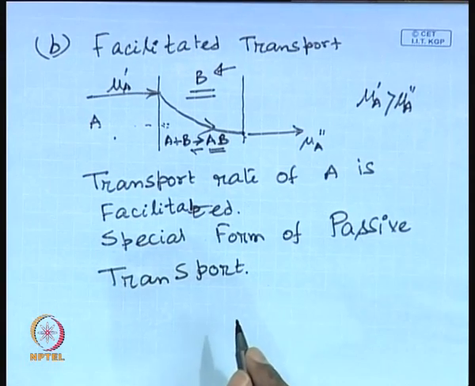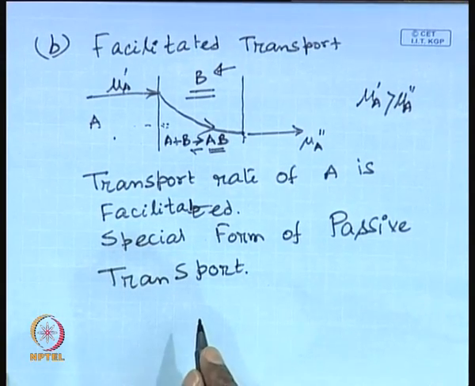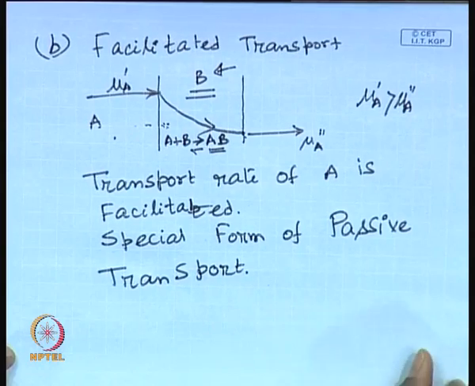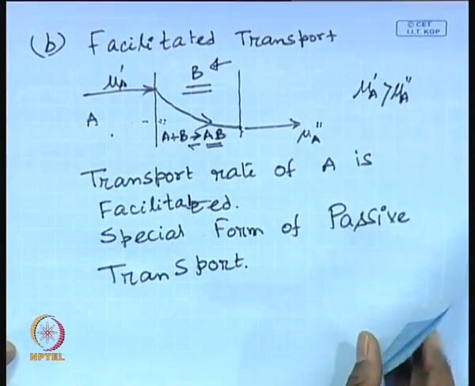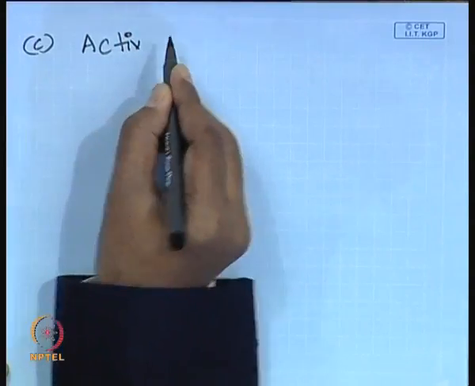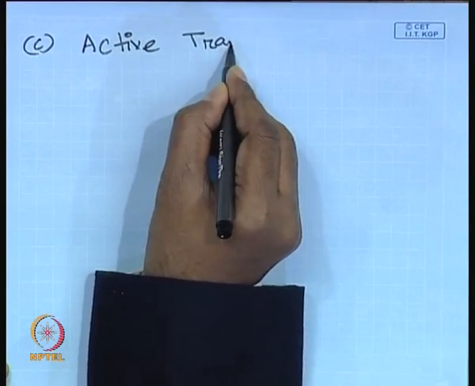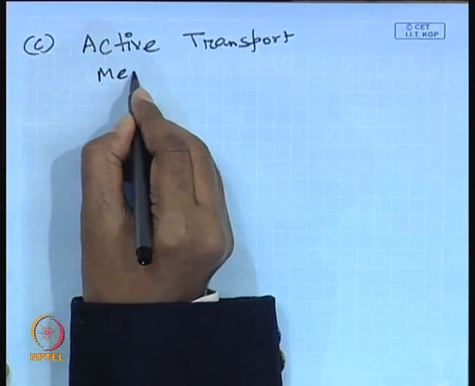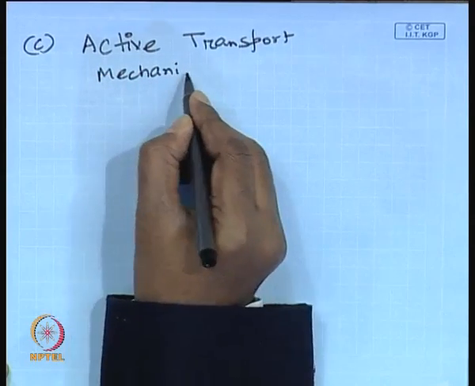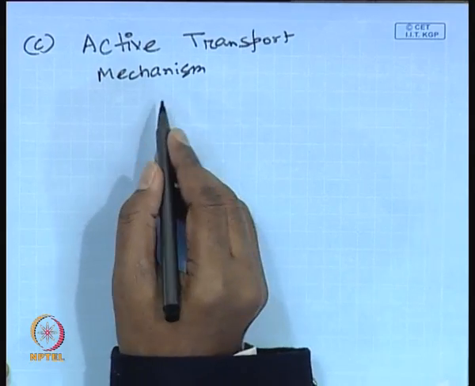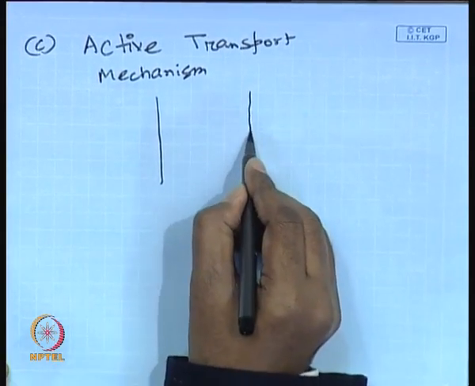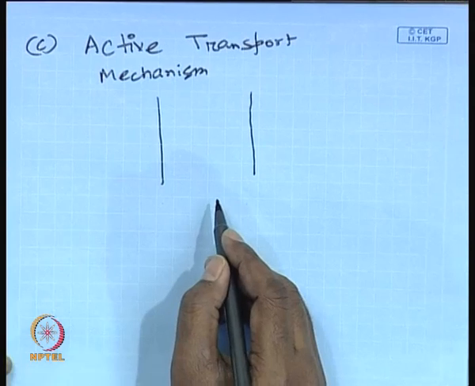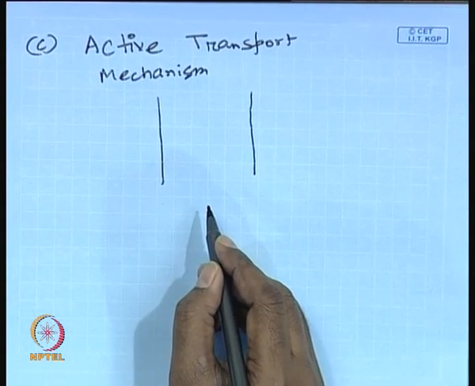Okay. The third transport mechanism is known as the active transport mechanism. In this case, the species is getting transported against its driving force.